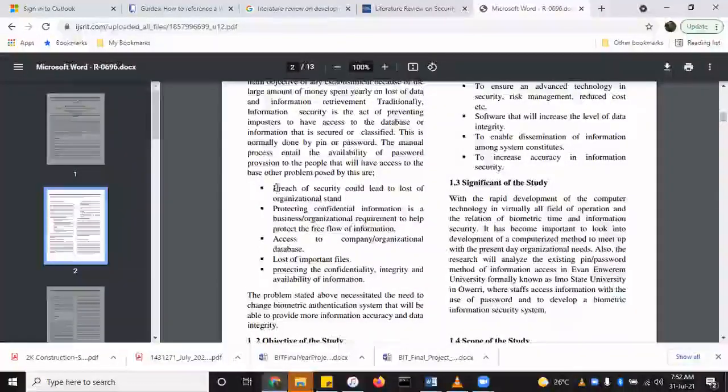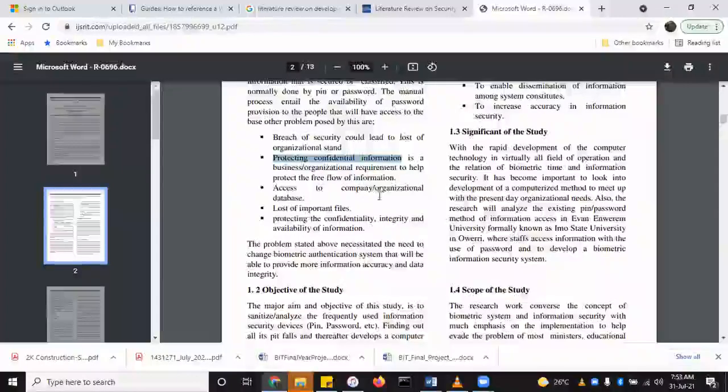So he chose to use bullet points for the salient issues that arise from the manual process of system authentication. And one of them happens to be breach of security. So that's a solid point, a solid problem statement, breach of security. Protecting confidential information lacks when you use manual processes.